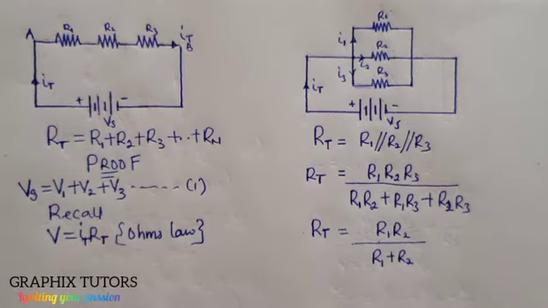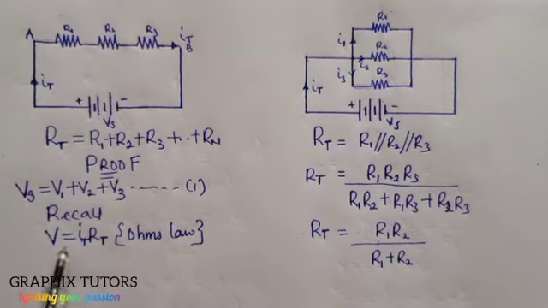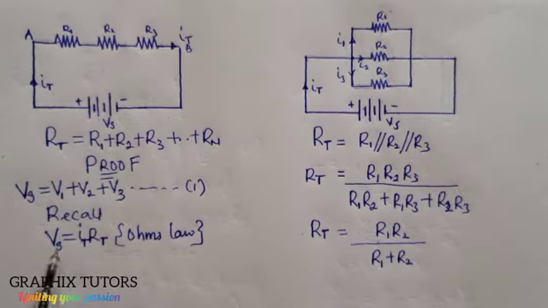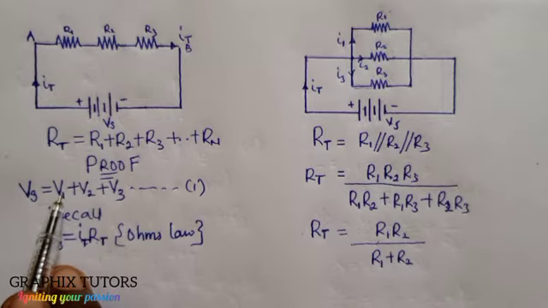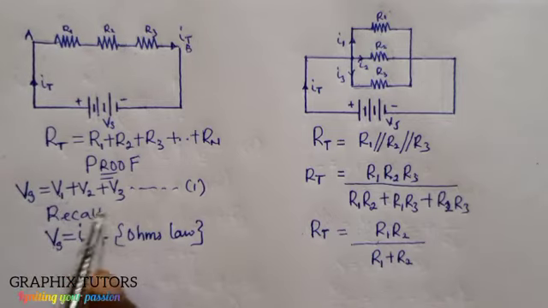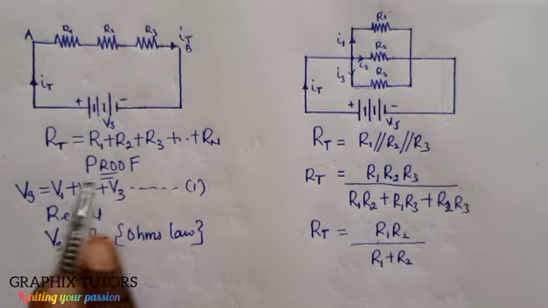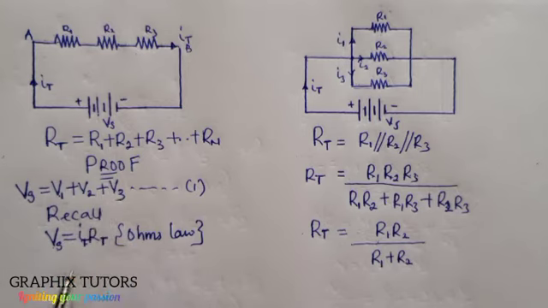Now, I'm going to substitute wherever I see V, and I'll call this my Vx. So if I have Vx, it means I'll have I total, R total. Anywhere I see Vx, I'll put I total, R total. And anywhere I see V1, I'll put I1, R1. Where I see V2, I'll put I2, R2, and so on and so forth.